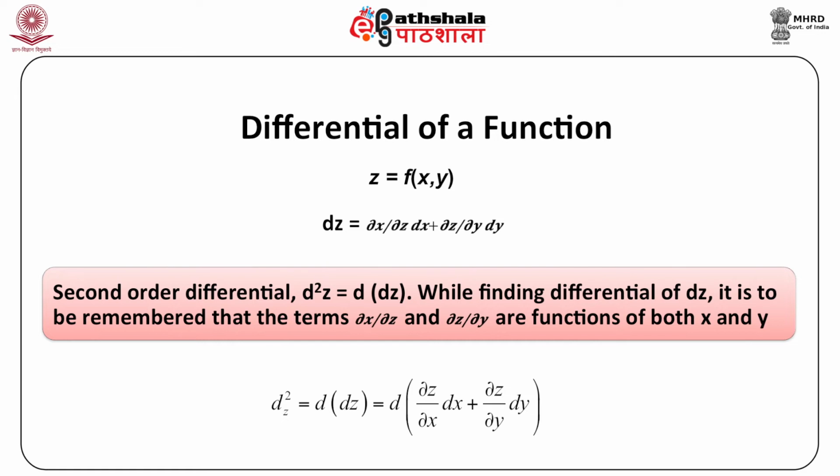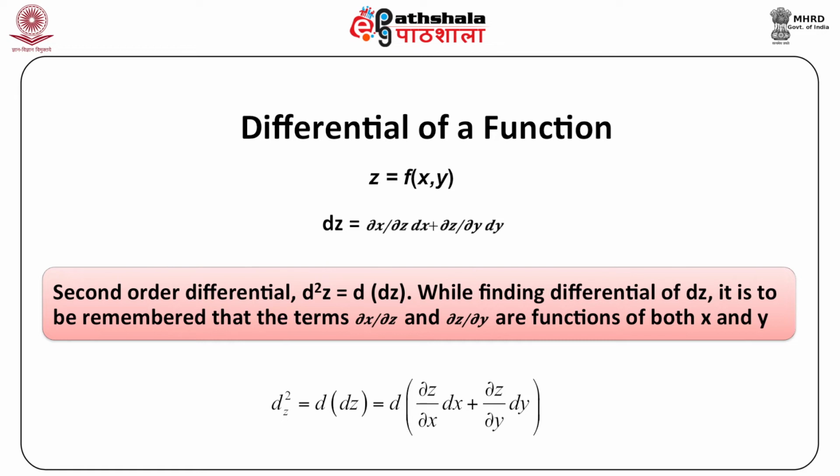The second order differential d squared z is equal to d(dz). While finding the differential of dz, it is to be remembered that the terms del z by del x and del z by del y are functions of both x and y.